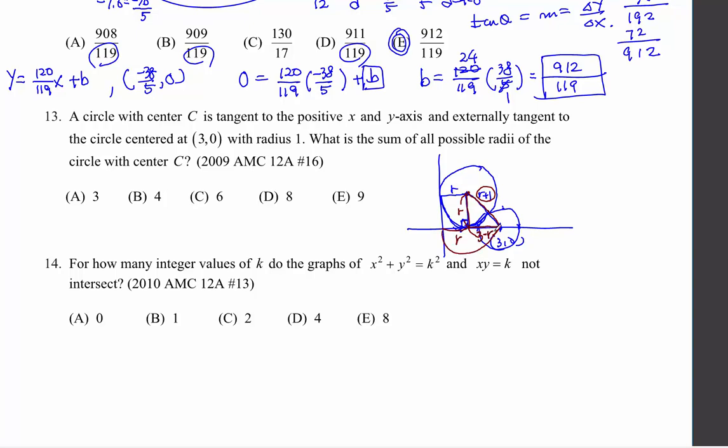We got all three sides in terms of r, so using the Pythagorean Theorem, you can find the value of r. r squared plus (3 minus r) squared equals (r plus 1) squared. We might have two values of r, because this is a quadratic. I think there are two values.